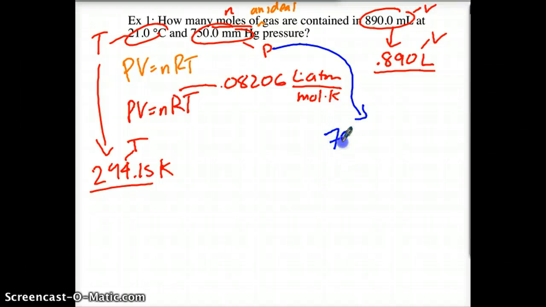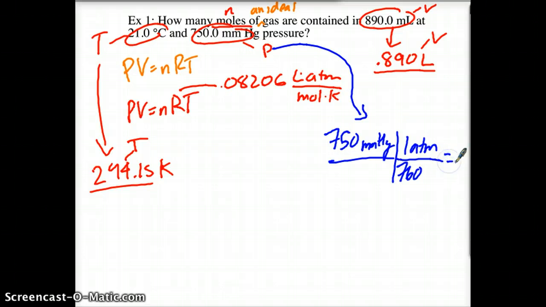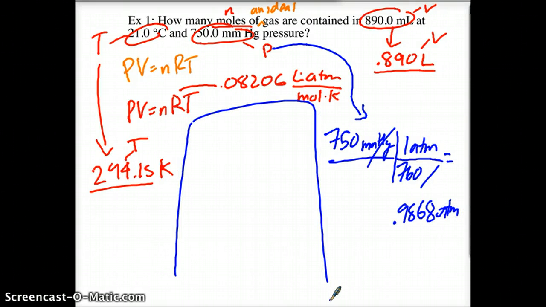We know that for every 760 millimeters of mercury, there's 1 atmosphere. It's a conversion that we reviewed yesterday. If we divide 750 by 760, we would get a pressure of 0.9868 atmospheres.